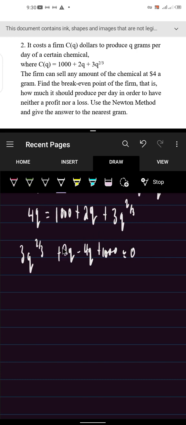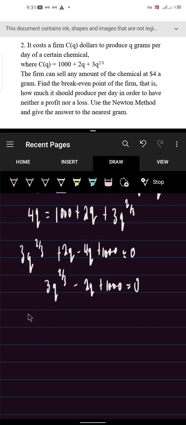Then from here we can simplify this: 3q to the 2/3 minus 2q plus 1,000 is equal to 0.